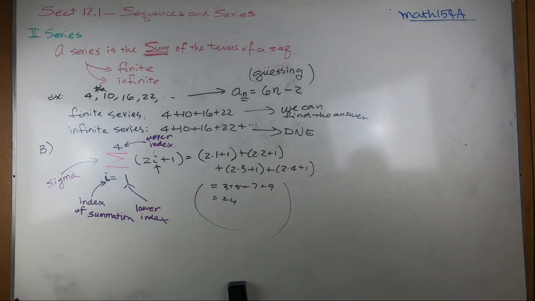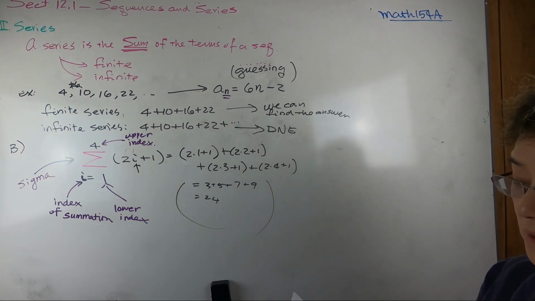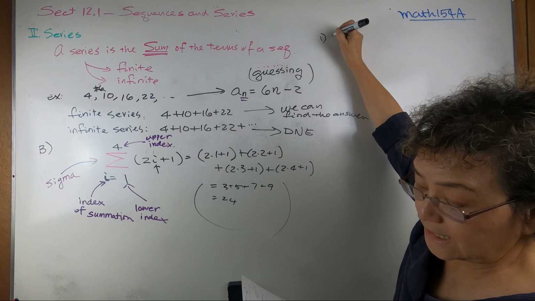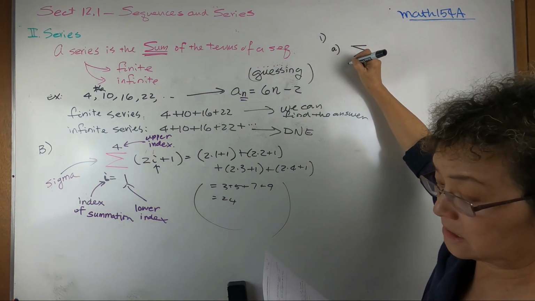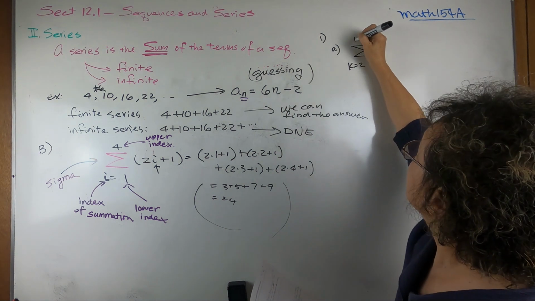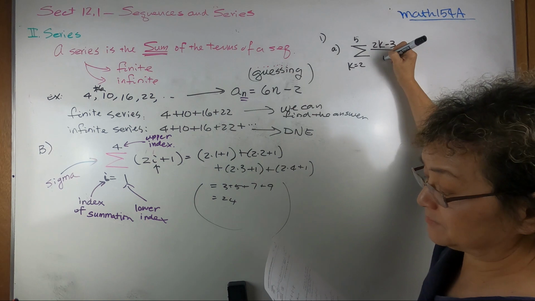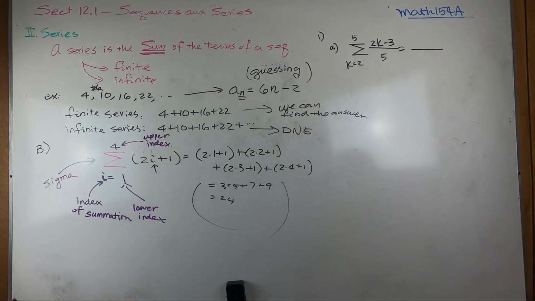So that's what the notation means. Let's look at an example, all right? If we ask you to evaluate this one, what do we expect you to do? Find the summation, find this series, okay?